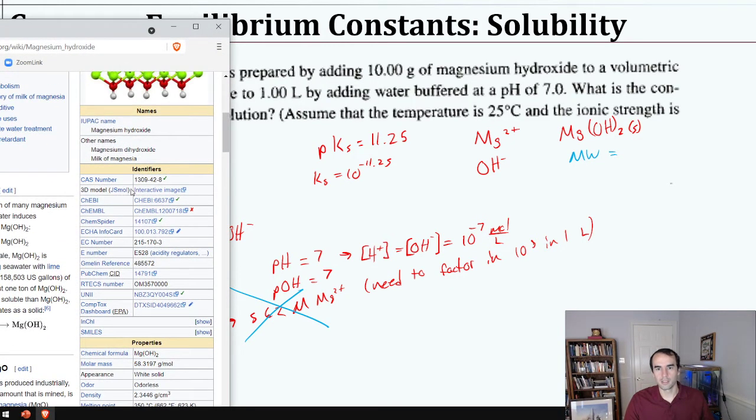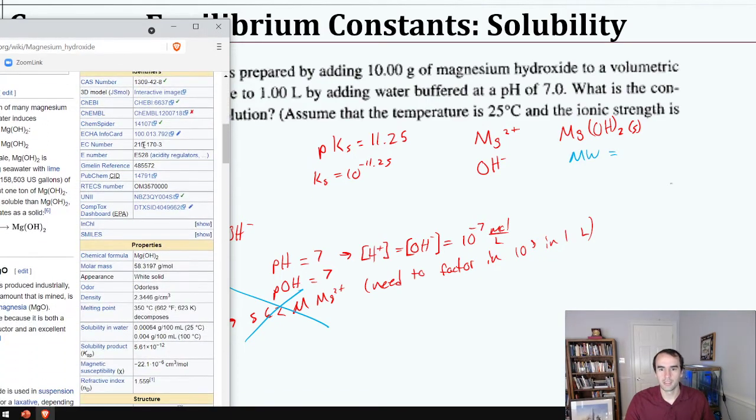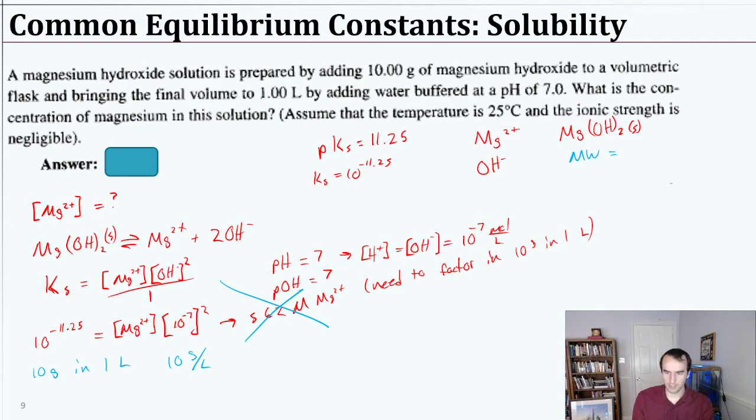If you look at magnesium hydroxide, Mg(OH)2, it's 58.3 grams per mole. So we will write that in here, 58.3 grams per mole. If we take that 10 grams per liter and divide it by 58.3 grams per mole, that should give us moles per liter. So let's go back to our Excel.